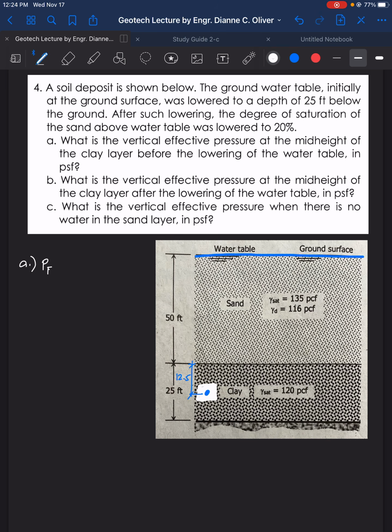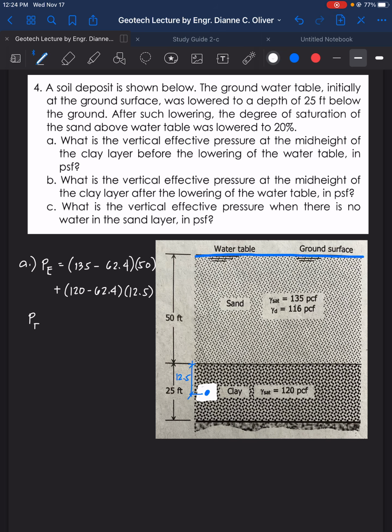P effective is the gamma sat, 135 minus, this is in English, so we have there 62.4 multiplied with the height, that is 50 feet. So plus, we have the clay layer, and that is equal to 120 minus 62.4 times 12.5.